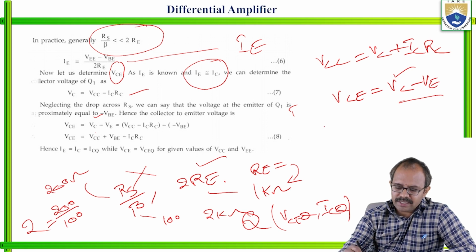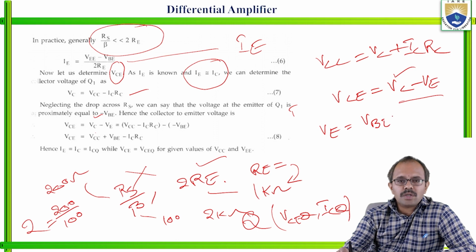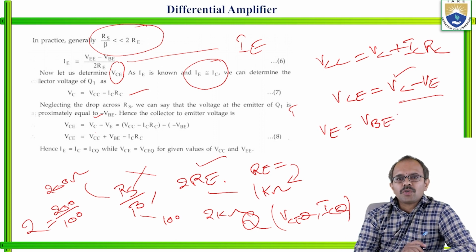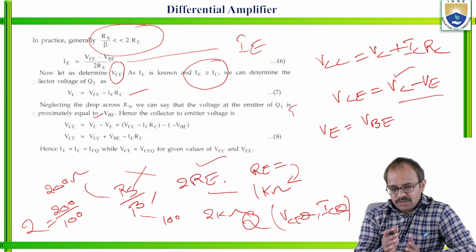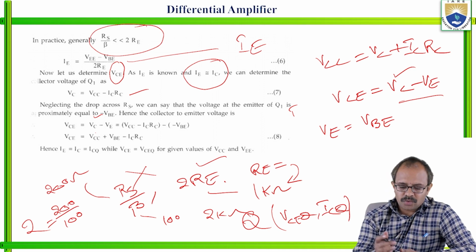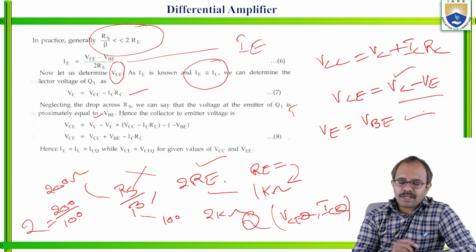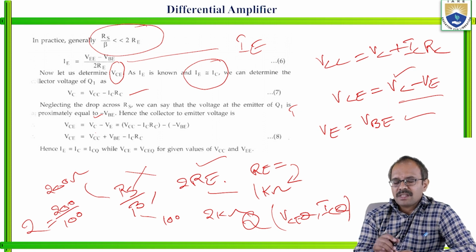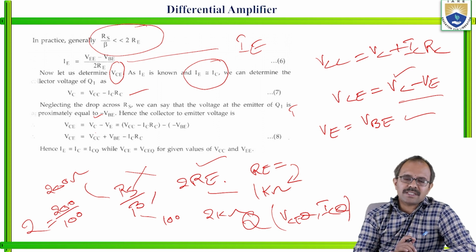If you assume there is no drop across the source resistance, VE is going to become VBE. Try to understand this assumption: neglect the drop across the source resistance RS, then VBE is equal to VE.